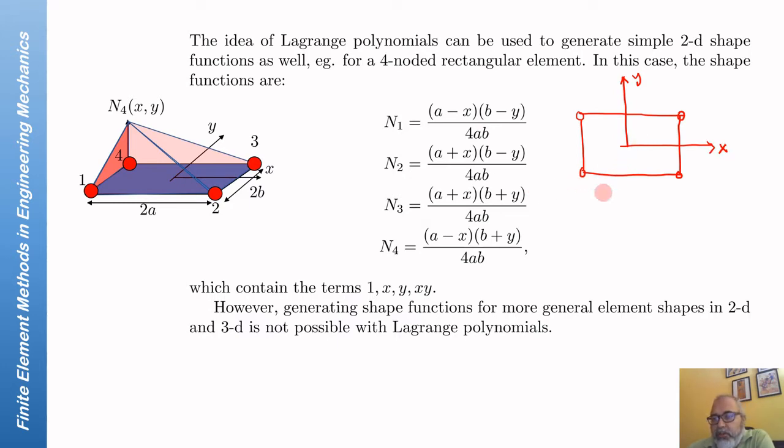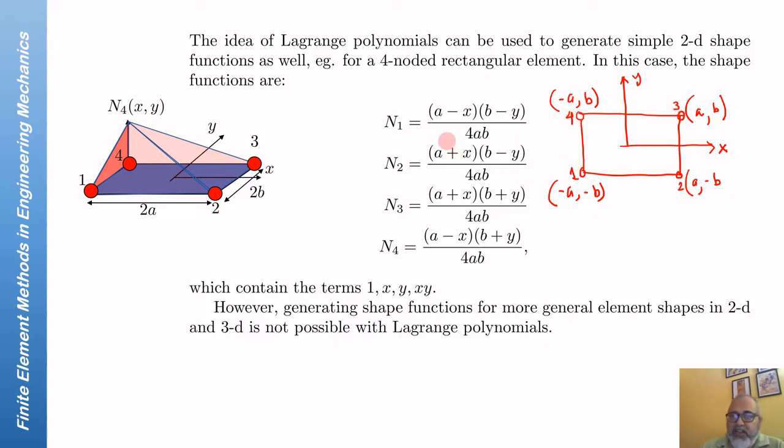So this length is 2a, this length is 2b. So this point is, and this is minus a plus b. So these are the 4 points. The local numbering is 1, 2, 3, and 4.